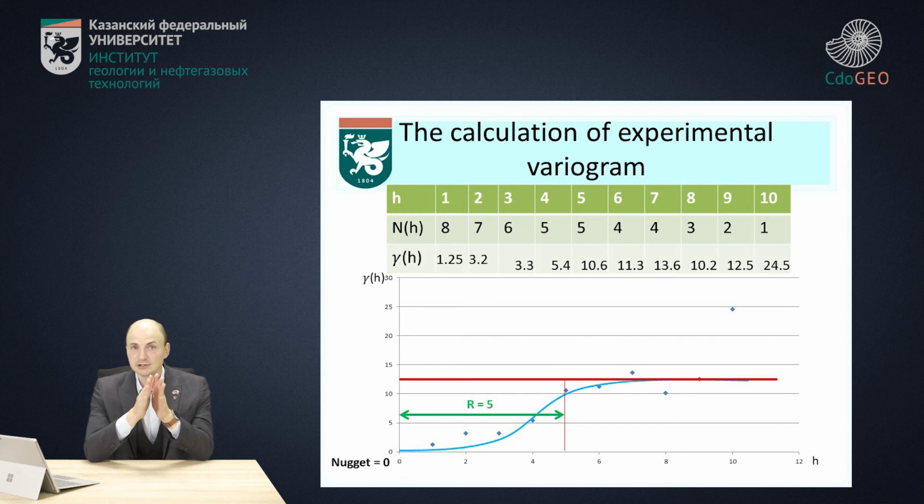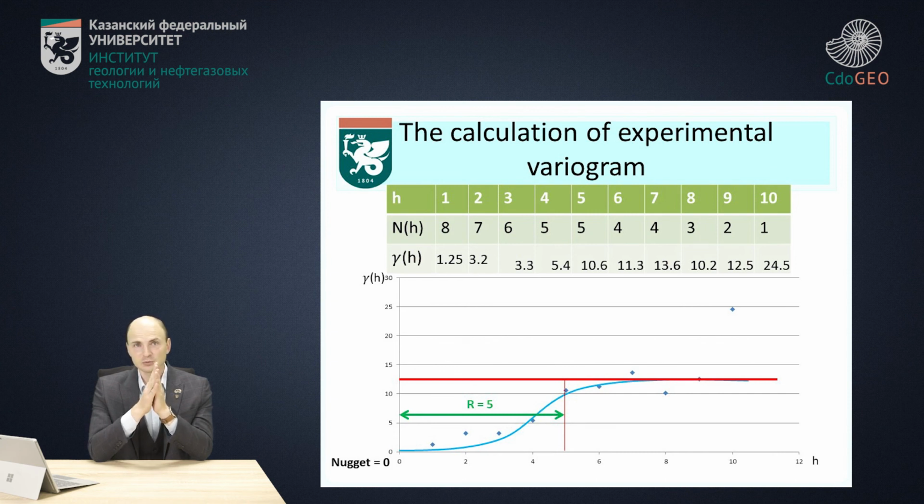But actually, in a certain case, it can be not 0. It can be more than 0. How can it be more than 0? It can be more than 0 if we have some mistake in our data set. For example, we measure porosity in the well and it's equal to 10%.